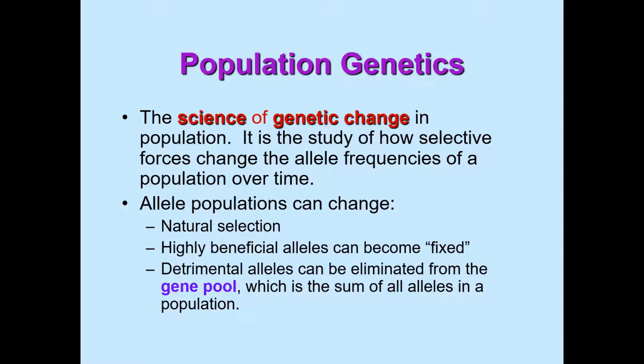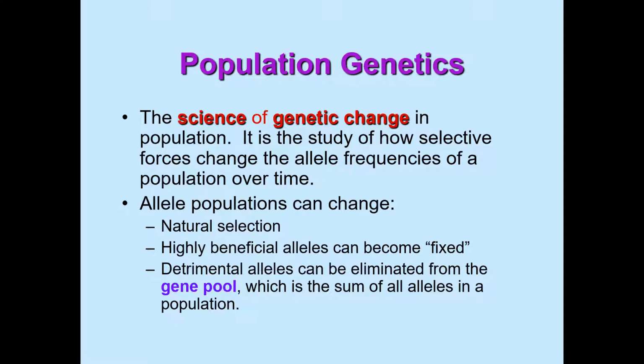If you can remember the X chromosomes, these alleles are on the same places on the different legs of the X. That makes sense. Now, allele populations can change through natural selection. If you have a given allele that makes a phenotype, or outer appearance, that allows an individual to have more offspring that survive and reproduce, then that allele is going to be in greater frequency in the next generation.